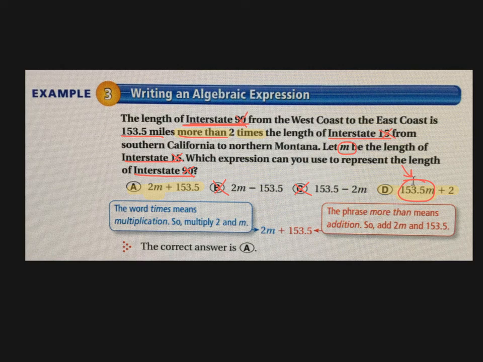It makes sense to say that because it's 2 times the length, however long Interstate 15 is, that's what we multiply by. So, looking at that, the word times means multiplication, so multiply 2 and m. The phrase more than means addition, so add 2m and 153.5. So the correct answer is A in this case.